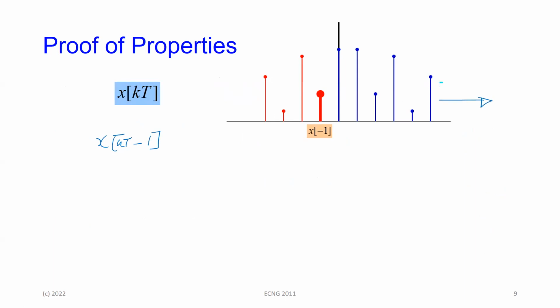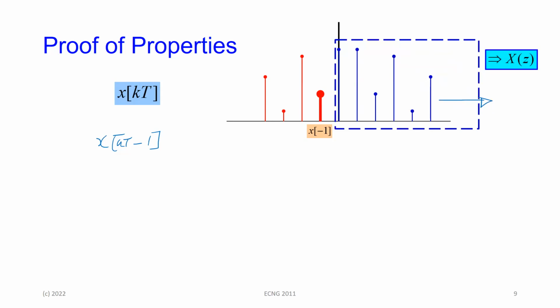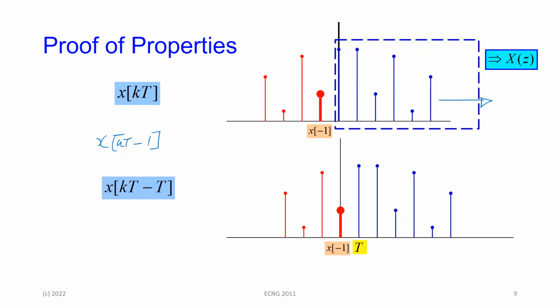So x(kt), forget that block for the time being. x(kt minus 1), or x(kt minus t), remember the t is understood, is the entire set of values shifted to the right by one sample.